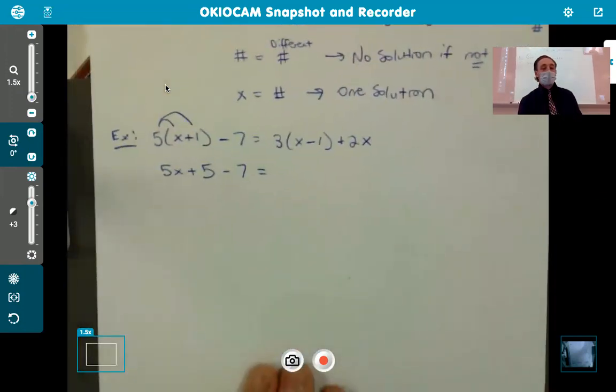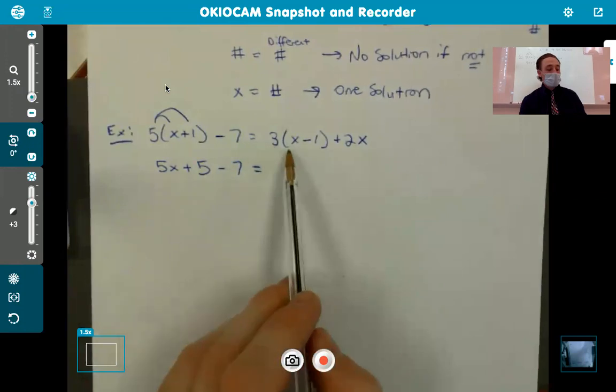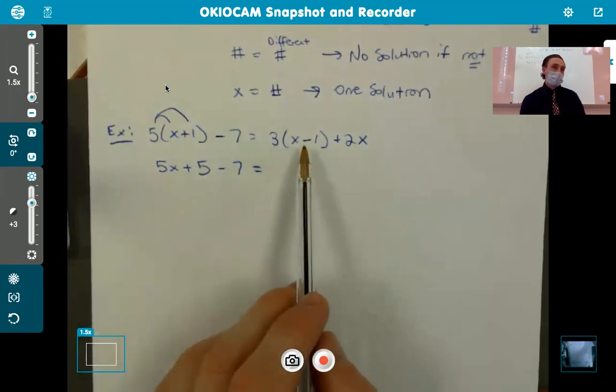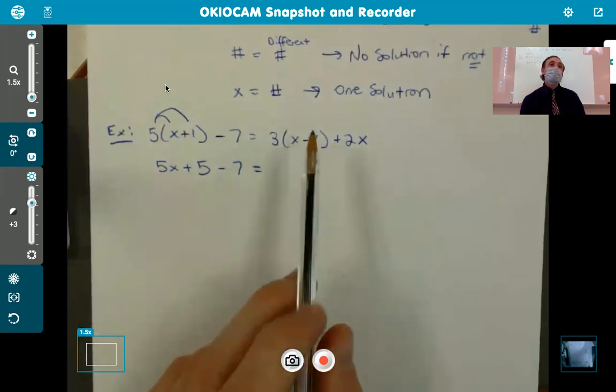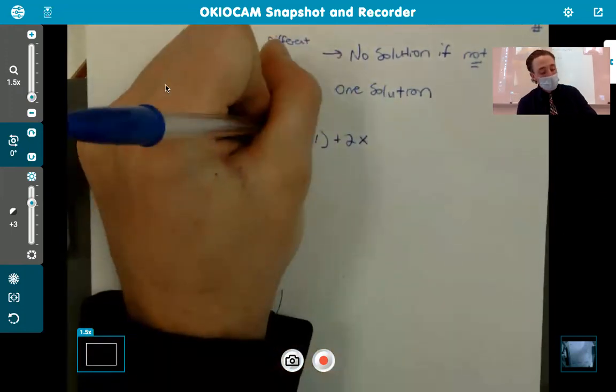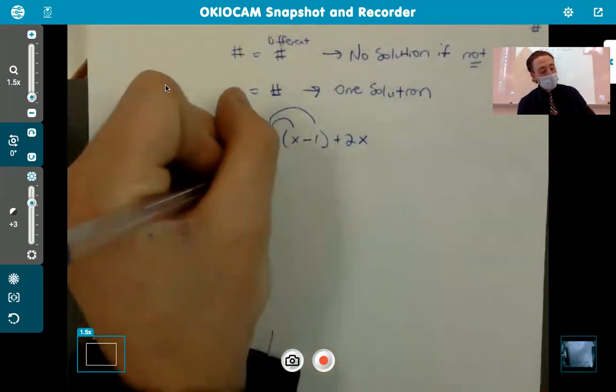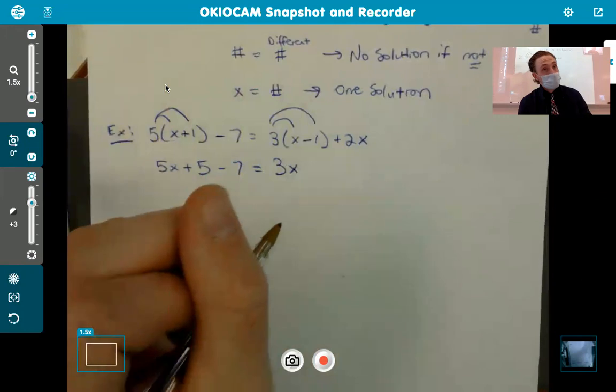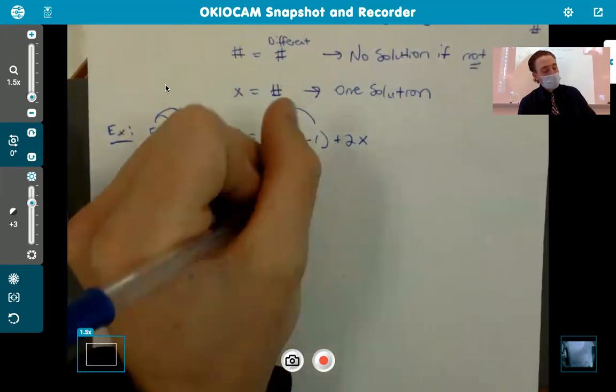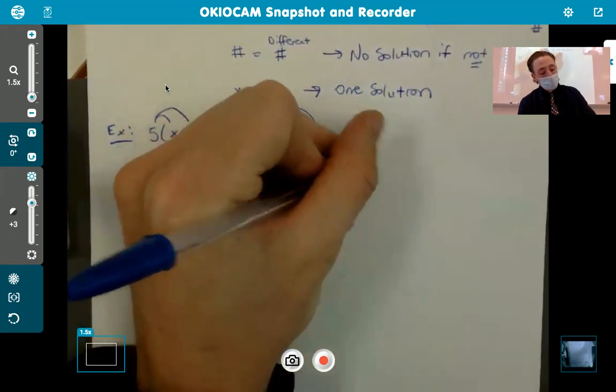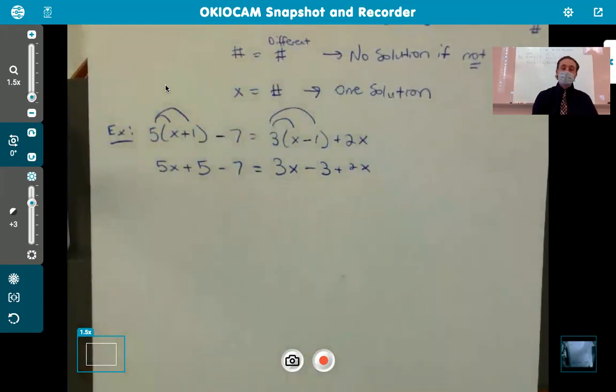On the right-hand side, what should I do with this 3 and the terms inside the parentheses? Distribute again, right? What's 3 times x? What's 3 times -1? -3, and I still have the 2x. Everybody with me so far?